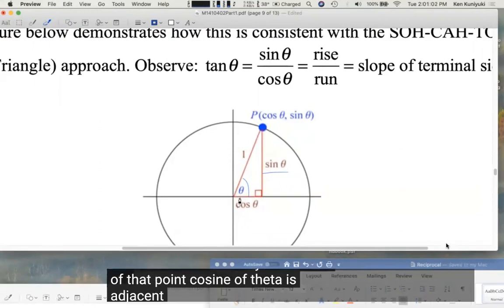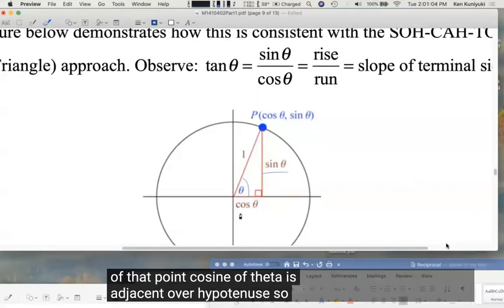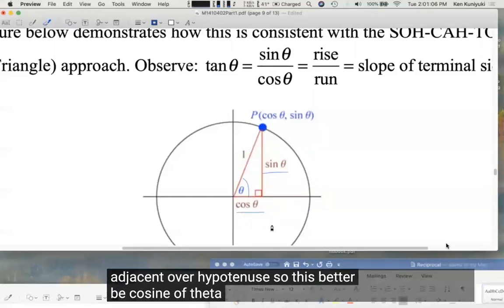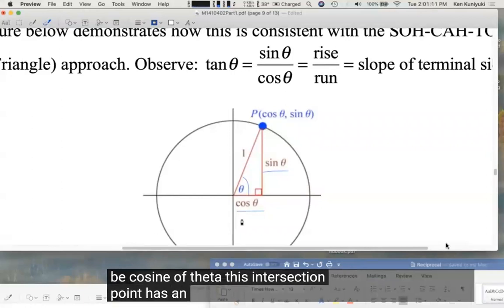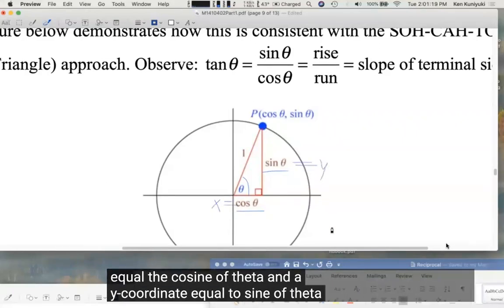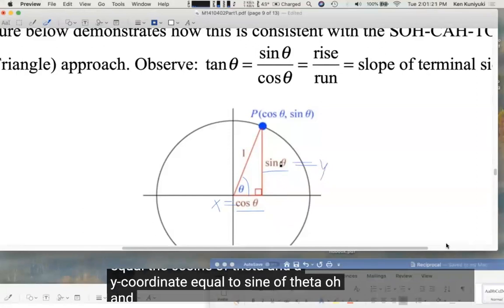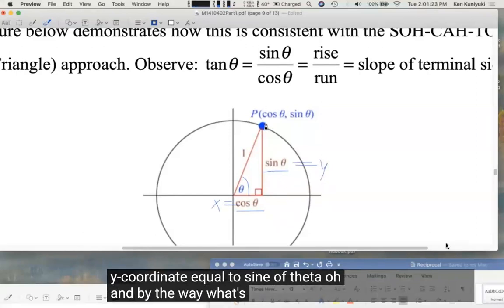Cosine of theta is adjacent over hypotenuse, so this better be cosine of theta. This intersection point has an x-coordinate equal to cosine of theta and a y-coordinate equal to sine of theta. Oh, and by the way, what's rise over run?